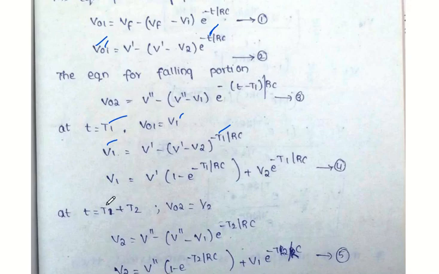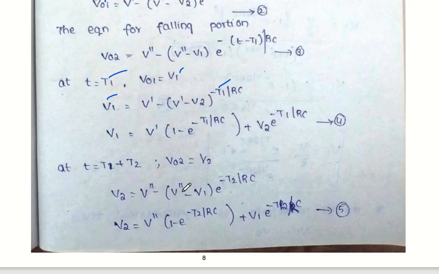Now apply this condition to that equation. Therefore, V02 is equal to V2 and t is equal to t1 plus t2. Substitute t1 plus t2, plus t1 minus t1 cancel, therefore minus t2, and V02 is equal to V2.